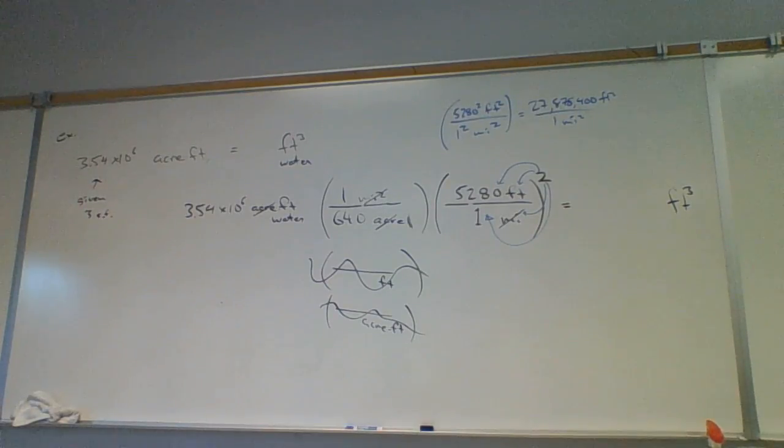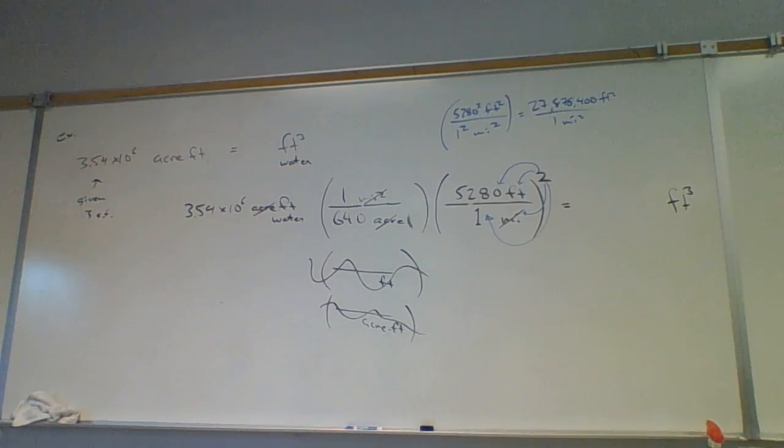Divided by 640 times 5280 squared. The calculator calculates each step and then goes on to the next step, so I'll just do this, which is 27,878,000, equals this. And so we're going to write this all out.